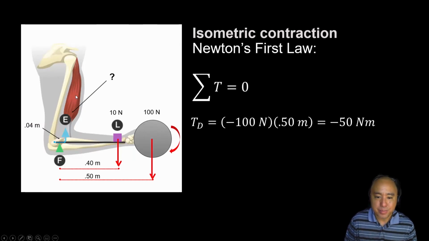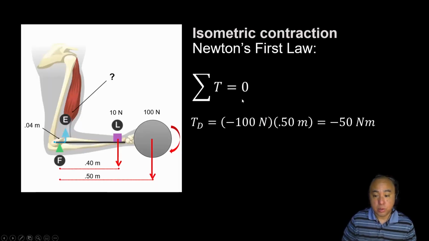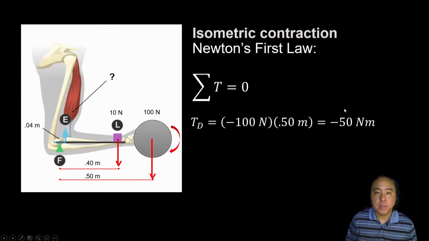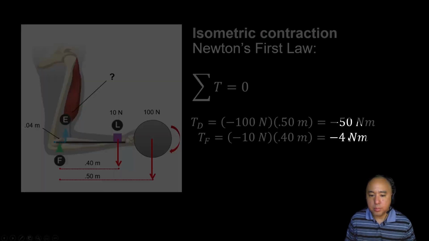Okay, so the torque produced by the dumbbell here is its weight. Remember, it's negative because it's in the negative vertical direction, multiplied by its moment arm, which here is 50 centimeters, and that gives us negative 50 newton meters. For the forearm, it's negative 10 newtons multiplied by its moment arm, which is 40 centimeters, and you get negative 4 newton meters.